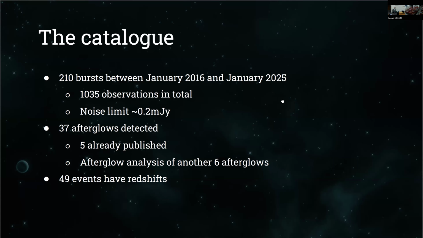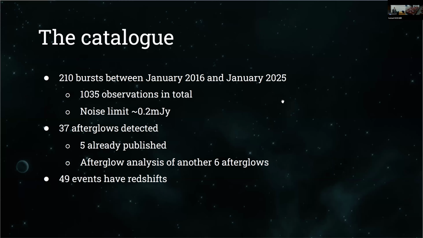No one was really taking observations during the pandemic, I think, and we were no different from everyone else. I started my PhD in 2018, so these observations predate me in some capacity. But in total, we have 210 gamma ray bursts in this sample, with a total of 1,035 observations.